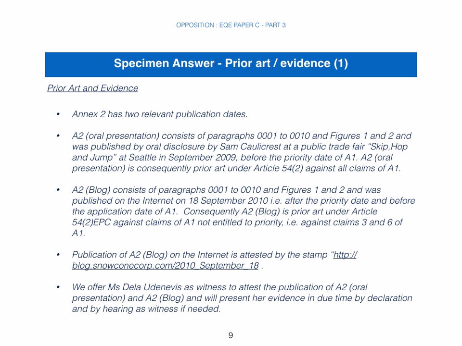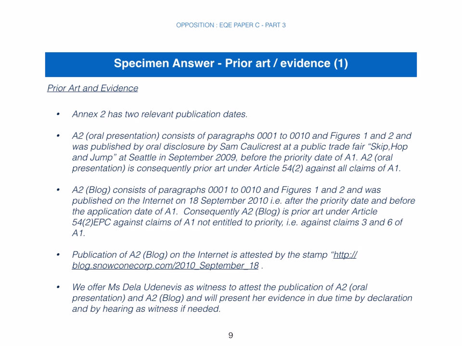Publication of A2 blog on the internet is attested by the stamp http blog snowconecorp.com 2010 September 18. We offer Ms. Della Udevenis as witness to attest the publication of A2 oral presentation and A2 blog, and will present her evidence in due time by declaration and by hearing as witness if needed.